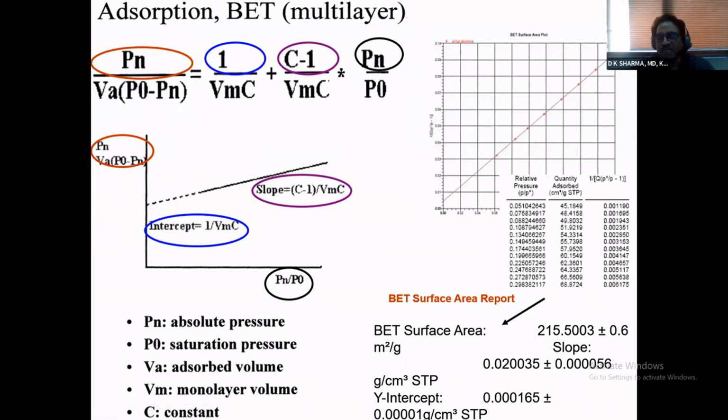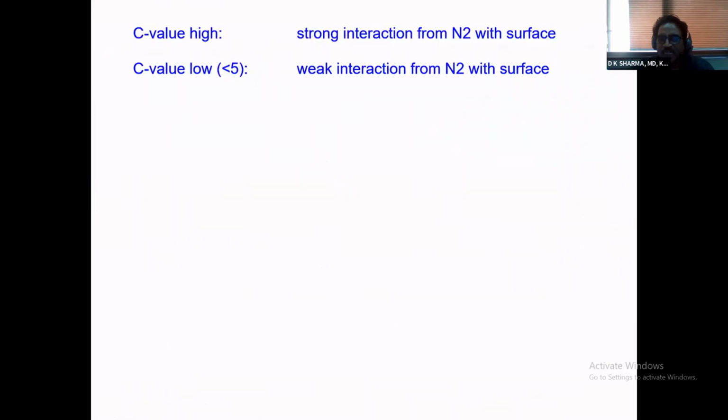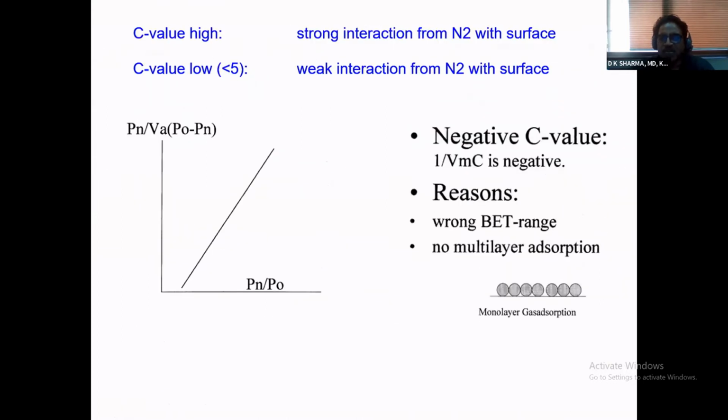When you remove the high pressure points from the BET calculation, you will realize that your C value tends to become positive. That means it was negative because you were using the wrong range of pressure points for the calculation. That is one of the reasons.